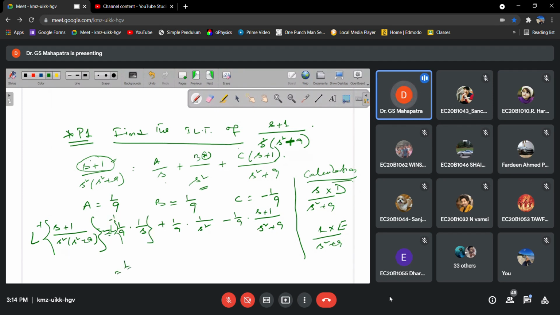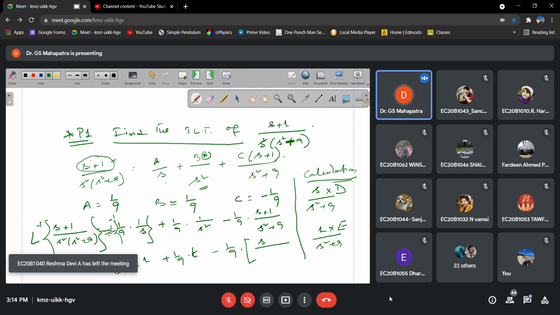Okay, so 1 by 9 into 1 by s means actually 1, na? 1 plus 1 by 9 into t, am I correct? Minus 1 by 9 into s by s square plus 9 plus 1 by s square plus 9.